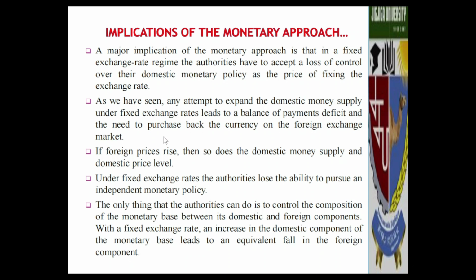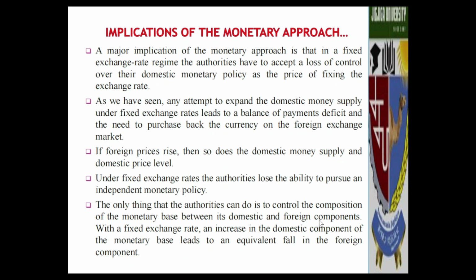Also, if the foreign price rises, then so do the domestic money supply and the domestic price level. So under a fixed exchange rate, the authorities lose the ability to pursue an independent monetary policy. The only thing the authorities can do is control the composition of the monetary base between its domestic and foreign components.